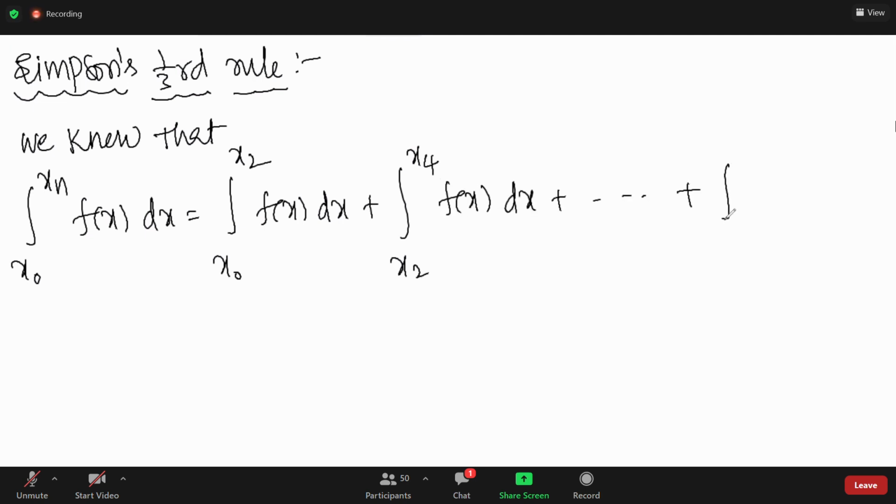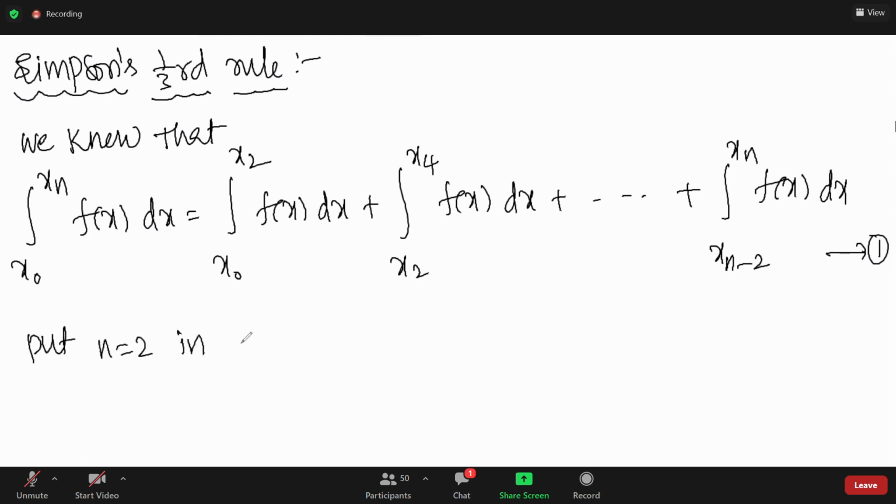The last subintegral is xn minus 2 to xn of f of x dx. In continuation, this is equation 3. Now put n is equal to 2 in equation 1.